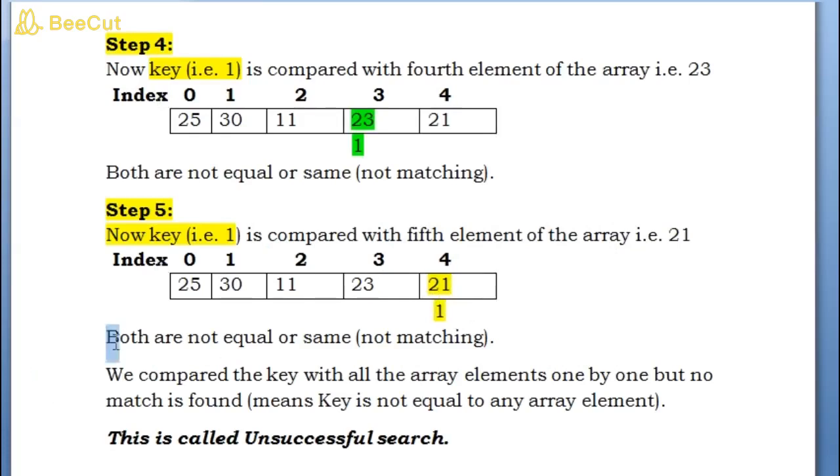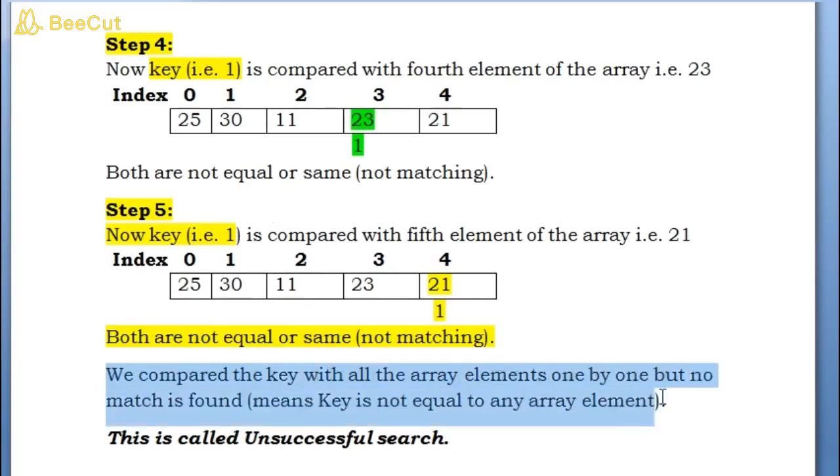No, both are not equal. So that means the key is not matching with the array element. We have to continue the same process, but we compared the key with all the array elements one by one, but no match is found. Meaning the key is not equal to any array element.